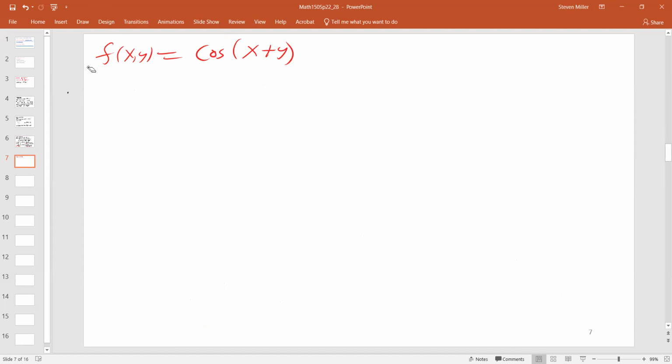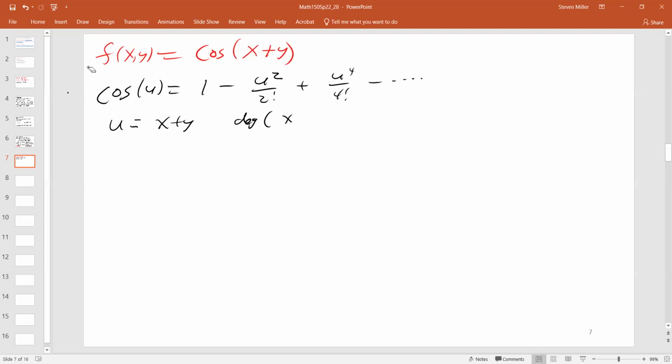I could start by saying, I know the cosine of u is 1 minus u squared over 2 factorial plus u to the fourth over 4 factorial minus dot dot dot. So what would I want u to be? X plus y. And then the degree of, say, x to the a, y to the b is a plus b.